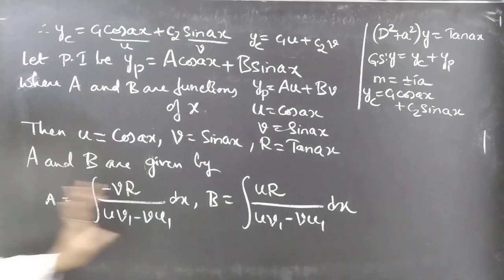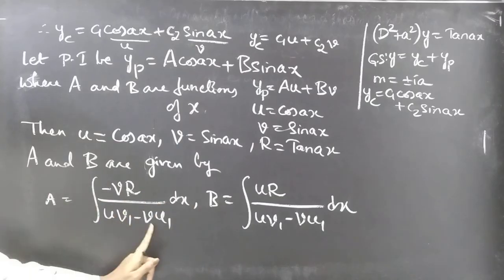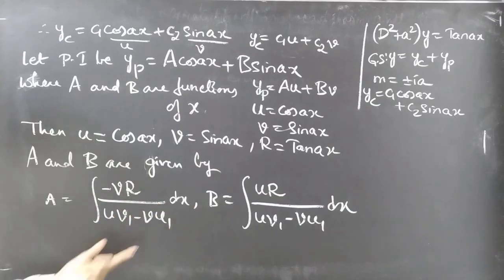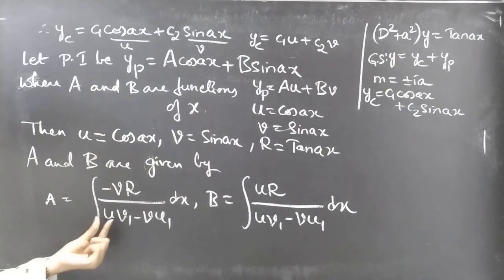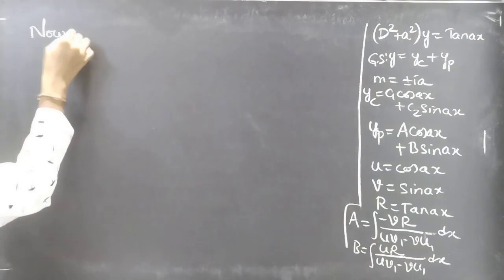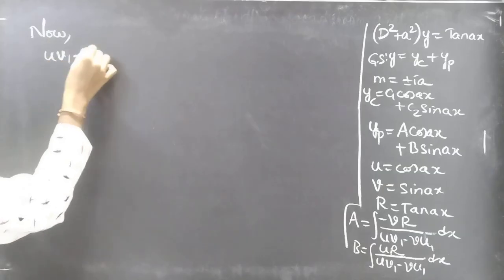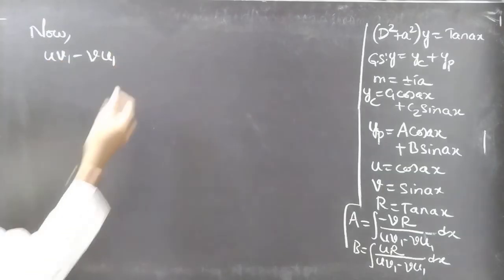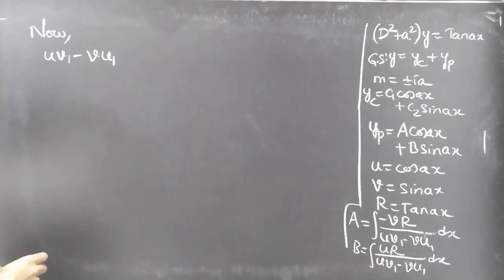So before applying a and b, we'll find uv1 minus vu1 because it exists in both a and b, right? So let's find uv1 minus vu1. Let's find v1 and u1.